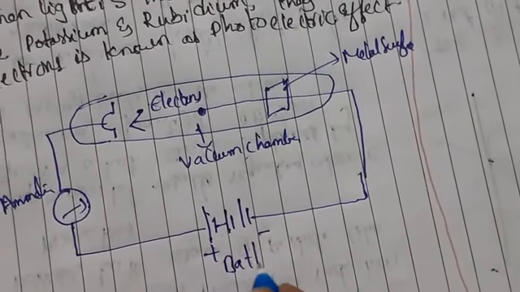Photoelectric effect is not observed below the threshold, but at a frequency nu greater than nu naught, the ejected electrons come out with certain kinetic energy. The kinetic energy of these electrons increases as the intensity of the light increases.